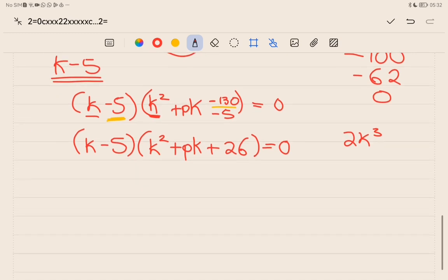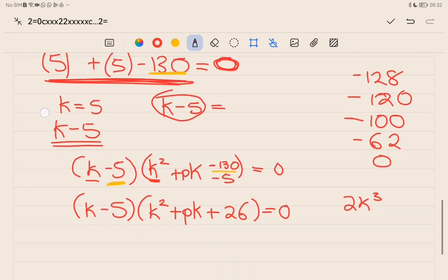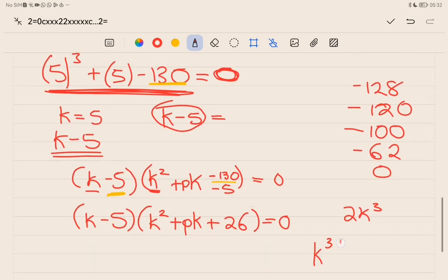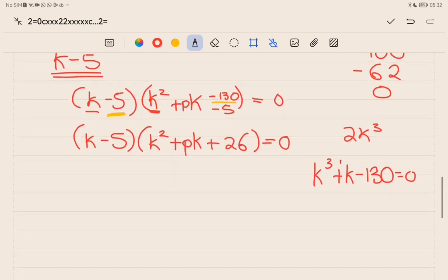Then now you must find the value of p. So how do we find the value of p? Let me rewrite the original equation here. So how do you solve for p?